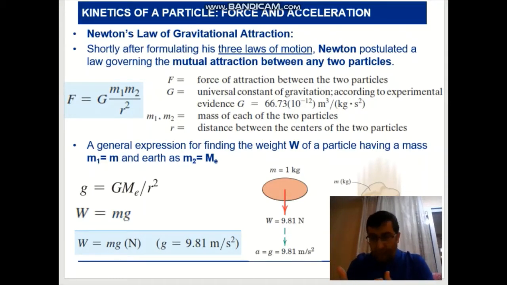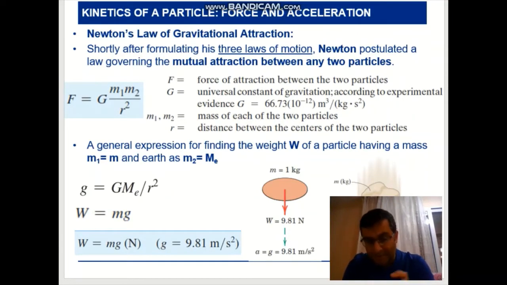For ourselves, we are using the weight, or the force acting down, which is mg, as we know from our physics 1 or high school physics. This g is the universal constant of gravitation and the mass of Earth over the distance between Earth's center and this object, for example us or whatever it is.